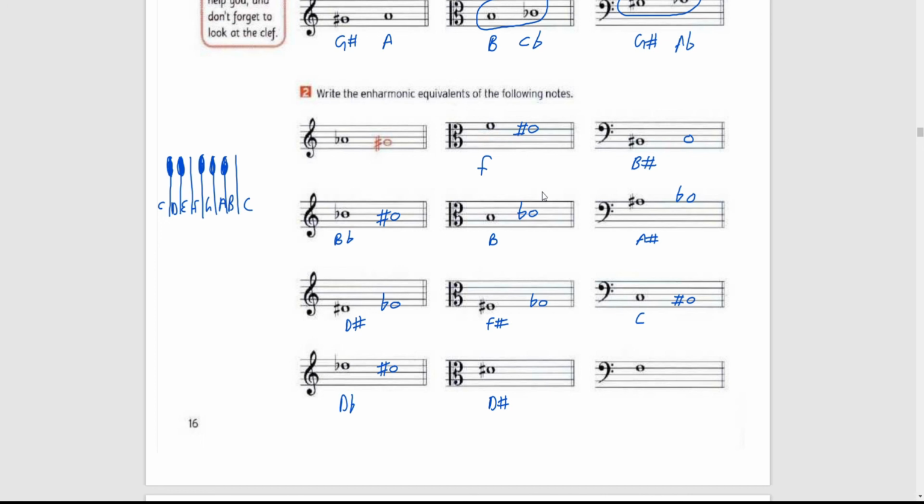So this can be E flat. Okay, the last one we have, this is F natural. So F natural can be E sharp. So we go with E and sharp.